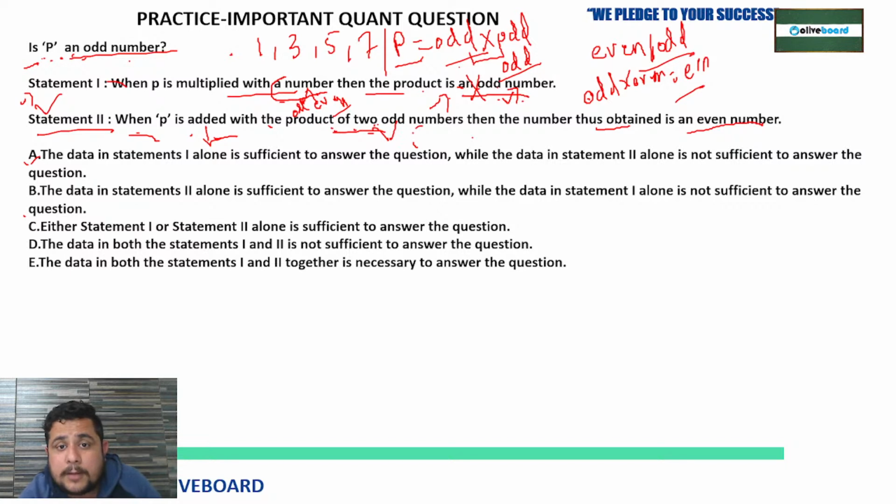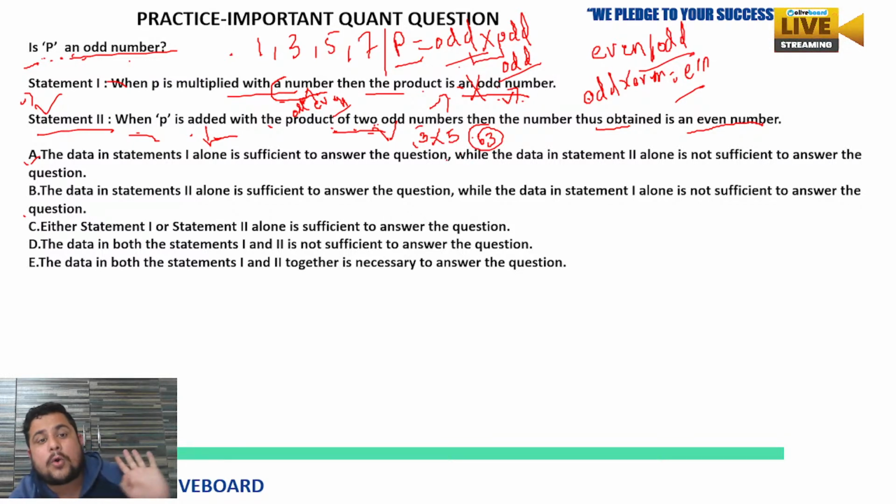If we multiply two odd numbers, suppose 3 and 5, 15, 7 and 9, 63. So when you multiply two odd numbers, you will always get an odd number.